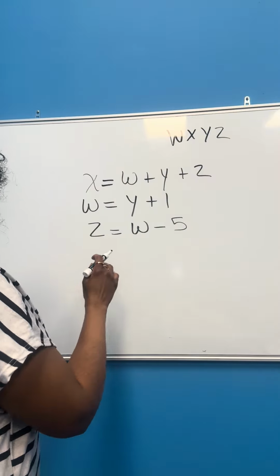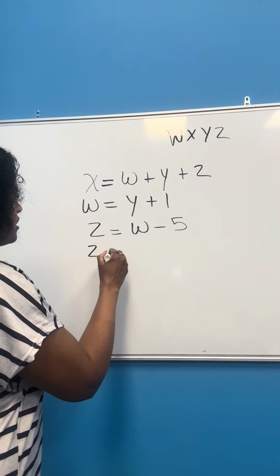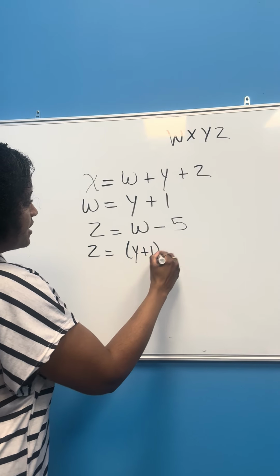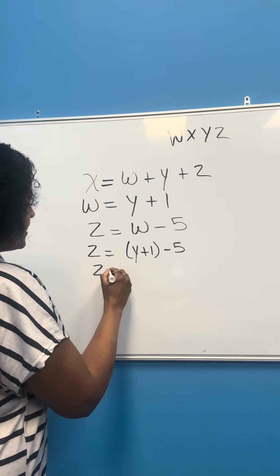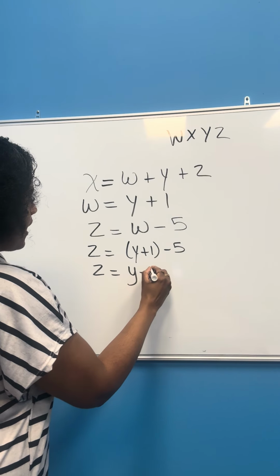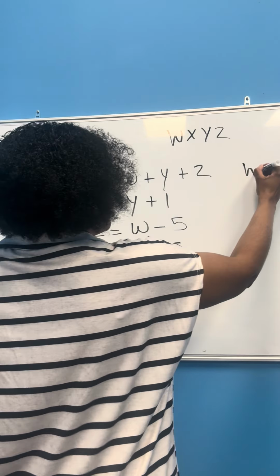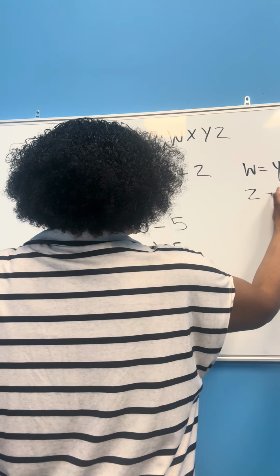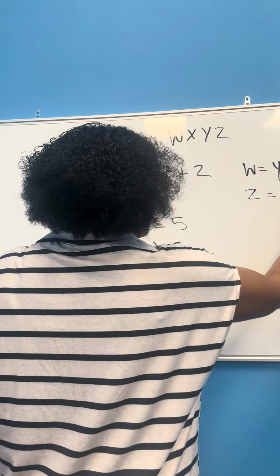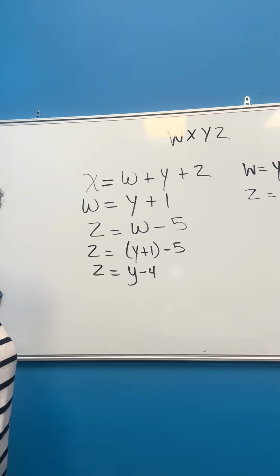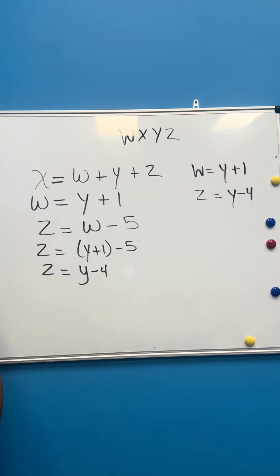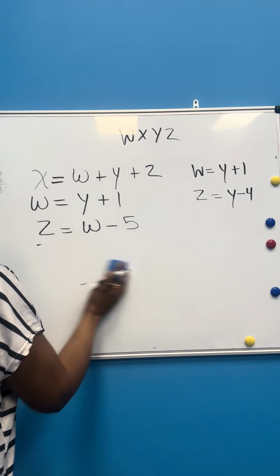So if w equals y plus 1, then z would equal w, which is y plus 1, minus 5, and that gives me z equals y minus 4. So we have w equals y plus 1, and z equals y minus 4. So we have that to keep in mind. And x, that's going to be our big one.